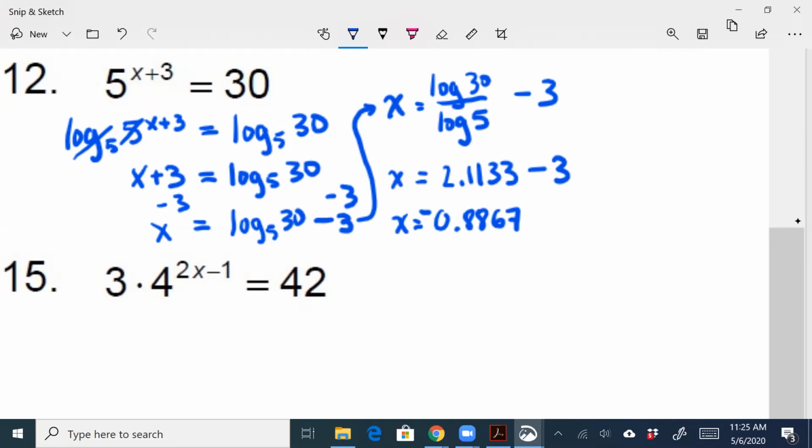And if I want to know if that works, I would just go back and take that number, put it in here for x.